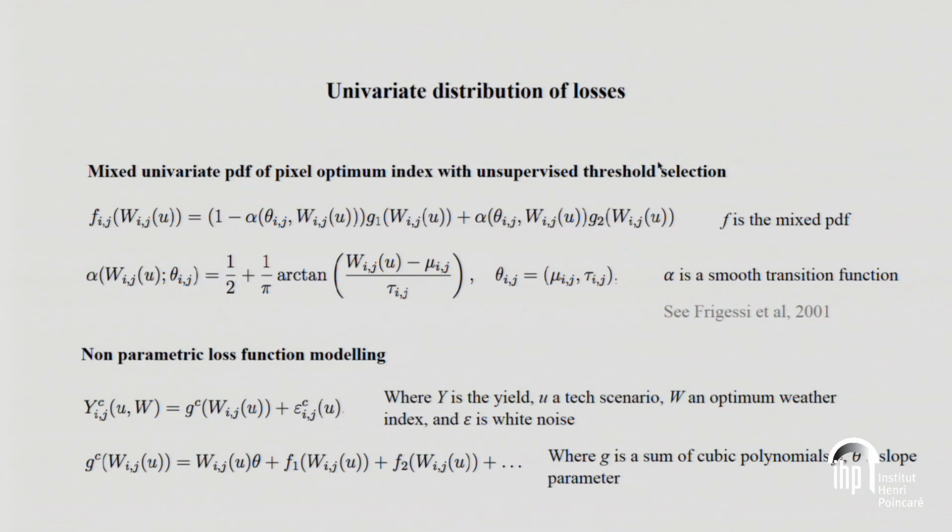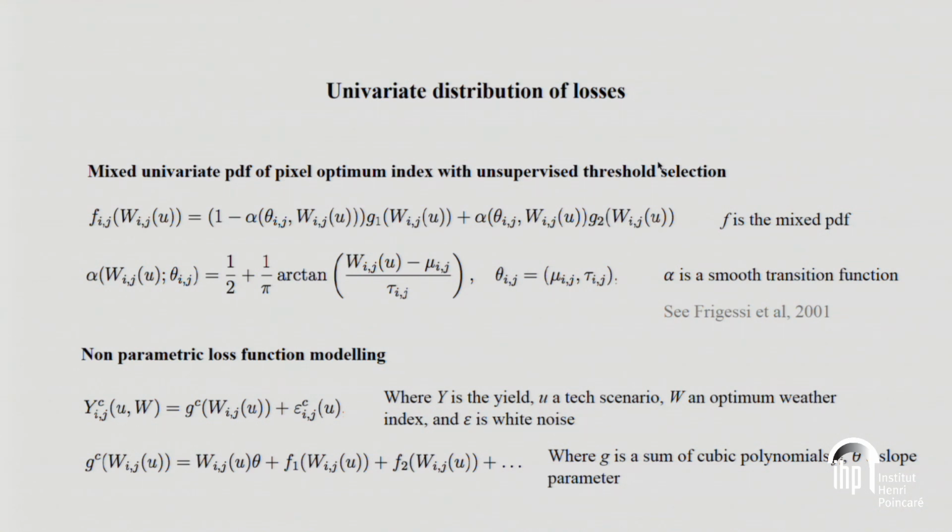So this function here is a smooth function that is modeling the transition between an exponential probability distribution family function, in this case a gamma function, with a generalized Pareto distribution, to allow for the possibility that we may have fat tails in our distributions.